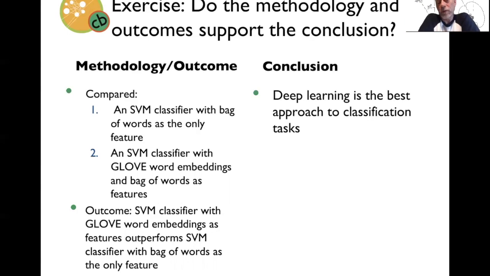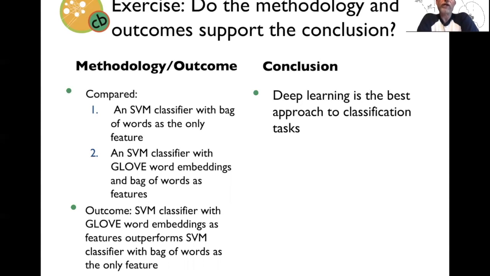The paper compares that with an SVM classifier that has something called glove word embeddings and a bag of words as features. So case number 1 is one set of features called a bag of words. Case number 2 is a classifier with 2 sets of features, one of which is the bag of words and one of which is glove word embeddings.